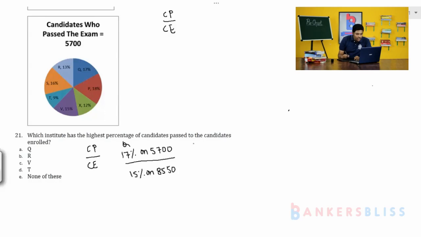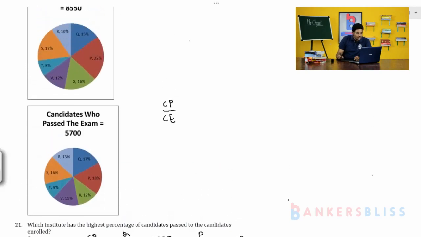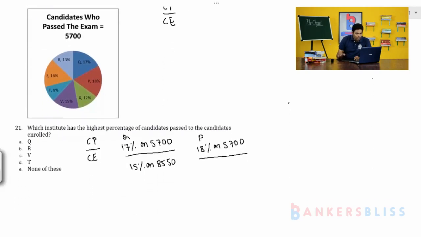Next, after Q you consider P. If you consider P, see here 18% on 5,700 divided by enrolled, that is 22% on 8550.